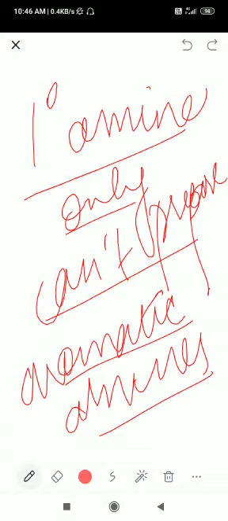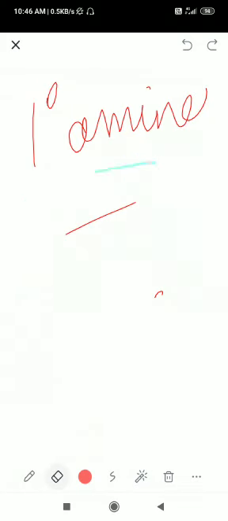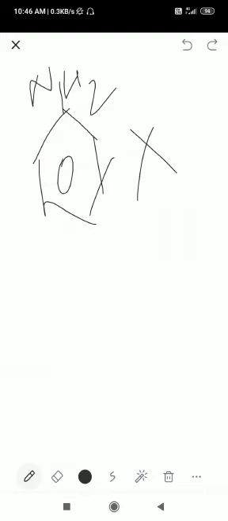What do you mean by aliphatic? That is without a benzene ring, a simple straight chain. So if we want to prepare aniline from this reaction, we are not able to make aniline.